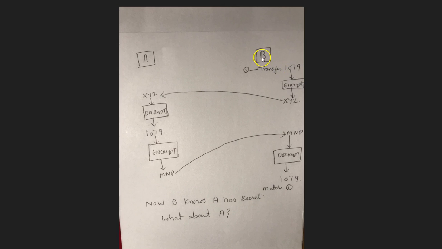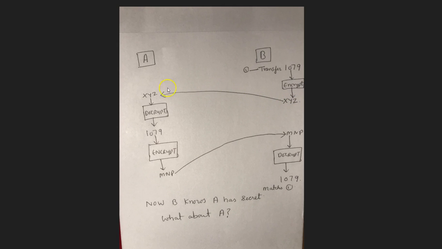So A and B are the two entities. Now B wants to transfer some data to A. Take for example, it wants to transfer the number 1079 to A. So B first encrypts the data and gets the encrypted value of 1079, which I've called XYZ.